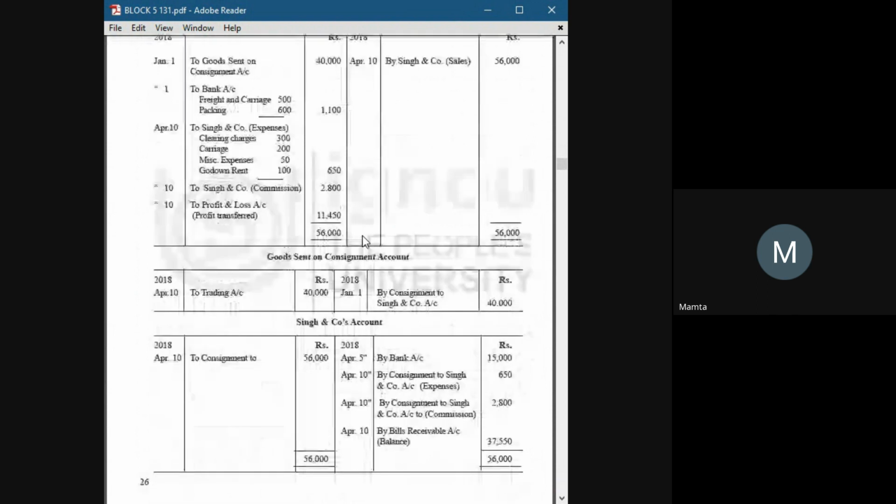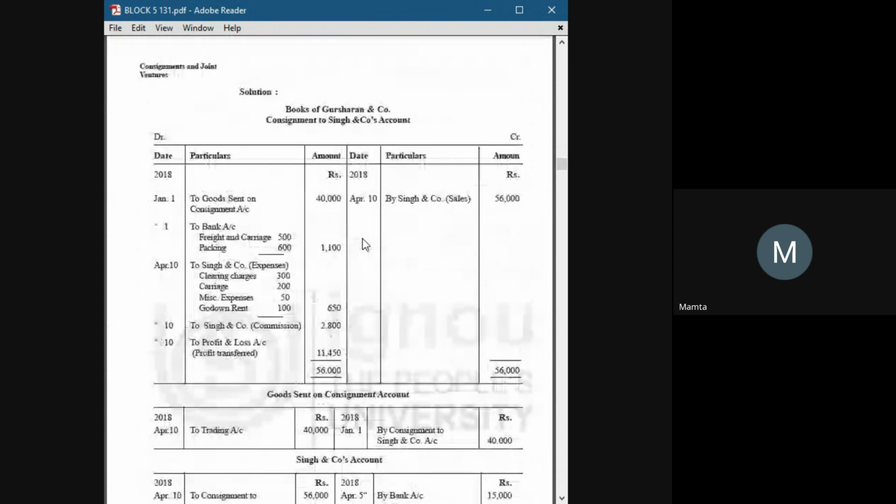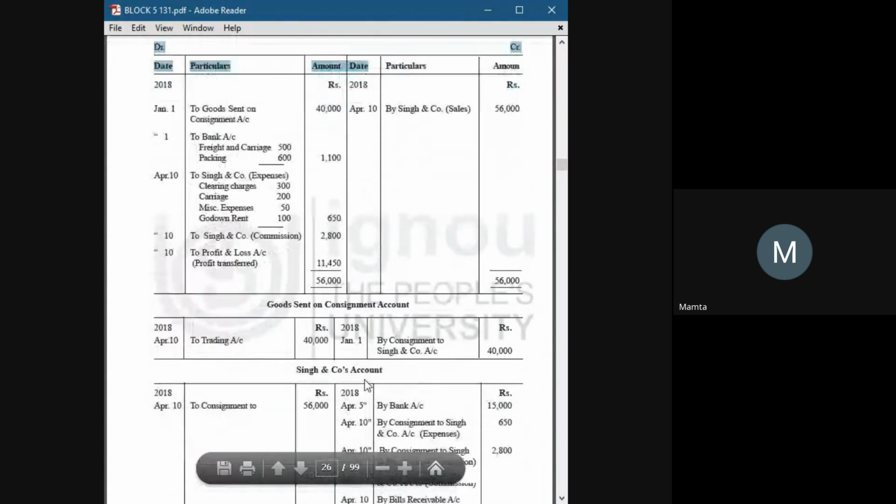This is the ledger account, just creating the simple ledger account. We skip the journal part and go straight to the ledger account, and that's how it is done. It's as simple as that.